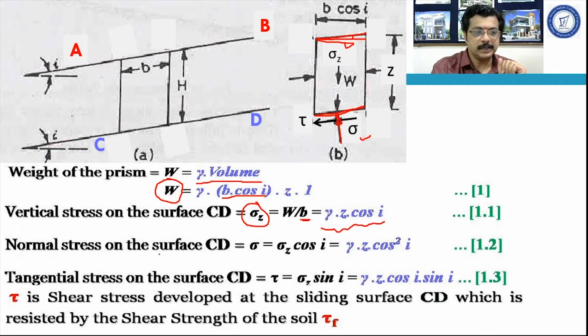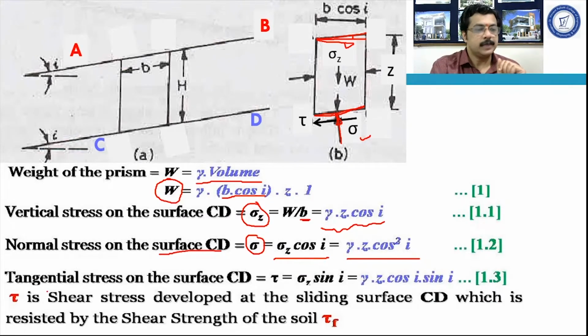Normal stress on the surface CD would be equal to sigma, that is the component of this weight sigma Z perpendicular to this inclined plane CD. So that component would be sigma Z cos I. So from the previous equation we can substitute the values. So we will get normal stress as gamma Z cos square I.